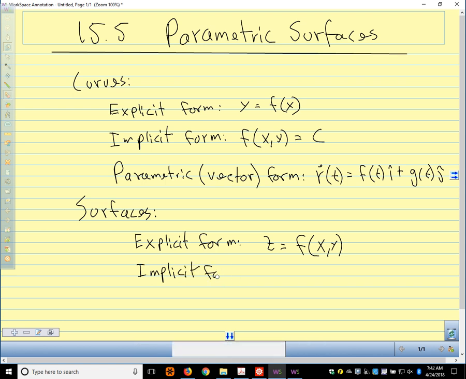The implicit form turned out to be very important when we were talking about normal vectors, the gradient as a normal vector. We had f of x, y, z equals a constant, and our gradient was a normal vector to a surface f of x, y, z equals a constant.